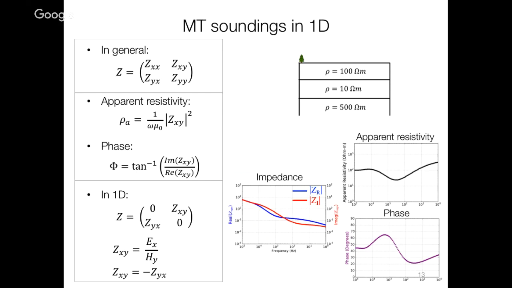So the apparent resistivity curve here is 100 ohm meters, and that's coincident with that. And then it drops down. It's not quite 10, but that's usually how these things work. And then it goes back up to close to 500. So this apparent resistivity curve and that geologic model kind of makes some sense.